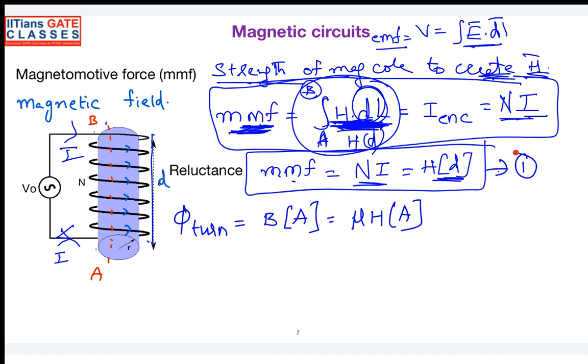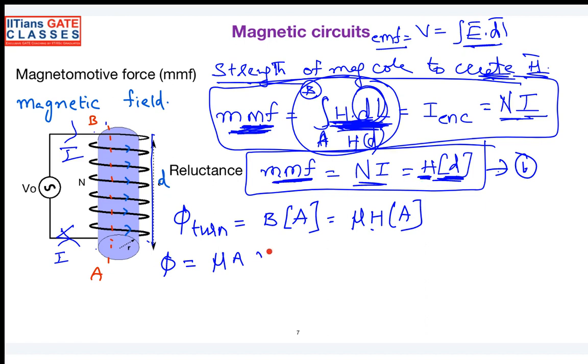So the flux phi is equal to mu A into the magnetic field intensity, which can be written as the magnetomotive force divided by the length of the solenoid.